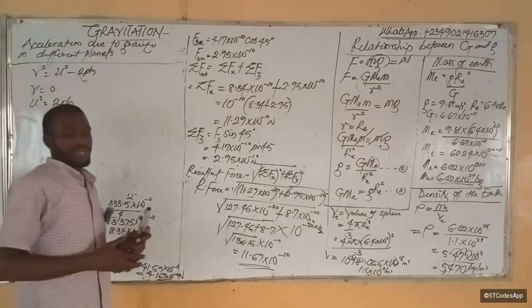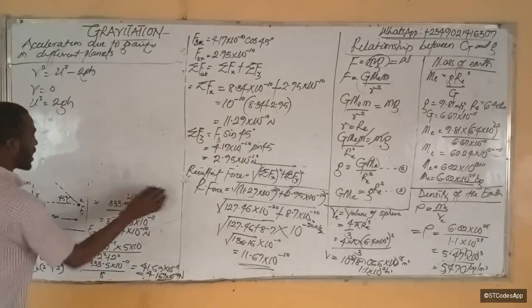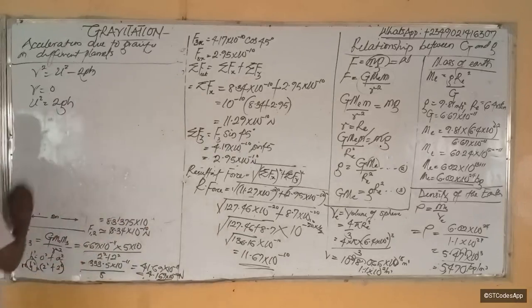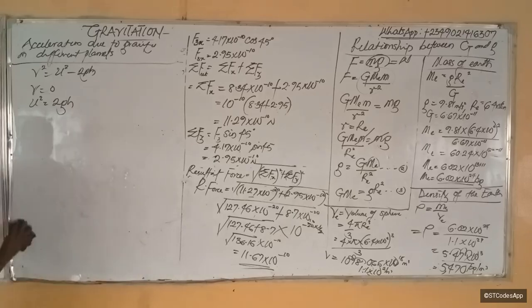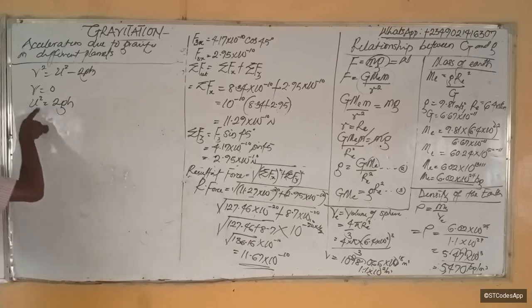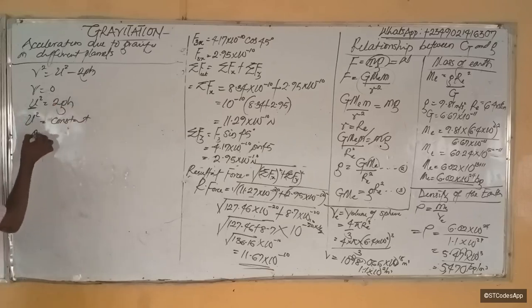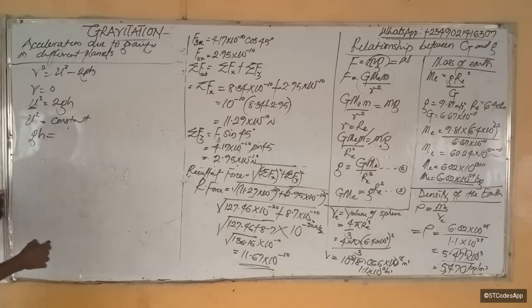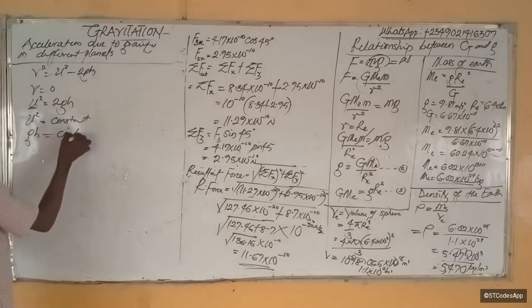Now, if on Earth this is the case, and in another planet I throw the same object up at the same speed, then u squared will be constant across all the planets, which also means that this relationship gh will be constant across all the planets.